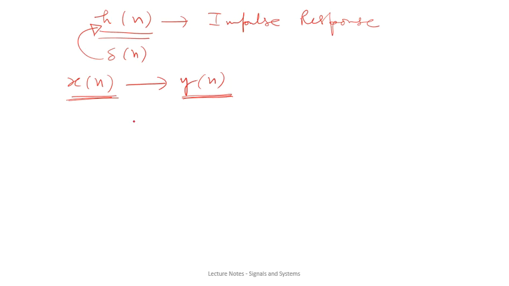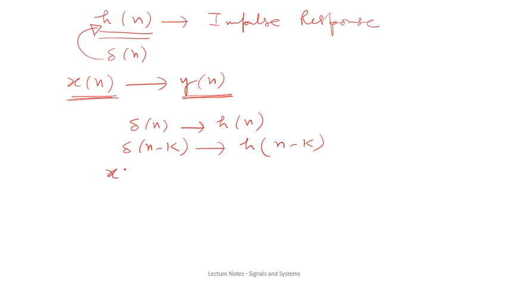So if delta n has the output h[n], then delta n minus k will have the output h[n minus k], and x[k] delta n minus k will have the output x[k] h[n minus k].